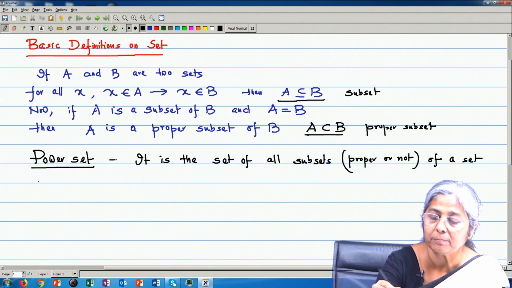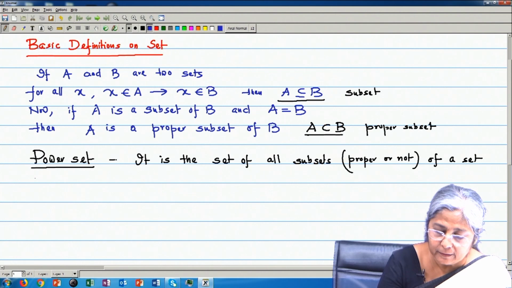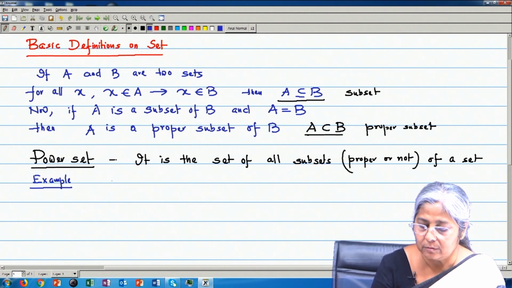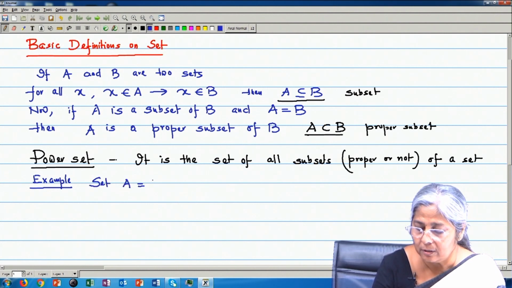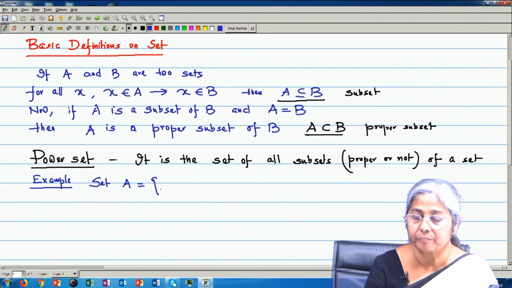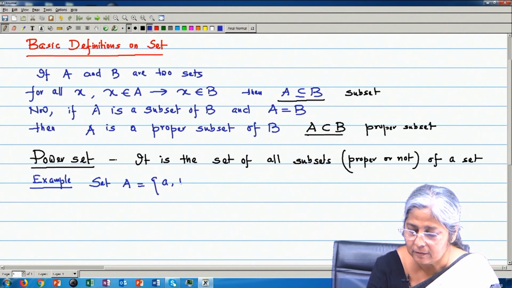We see one example. Consider one set A which has 3 elements, say a, b, c.